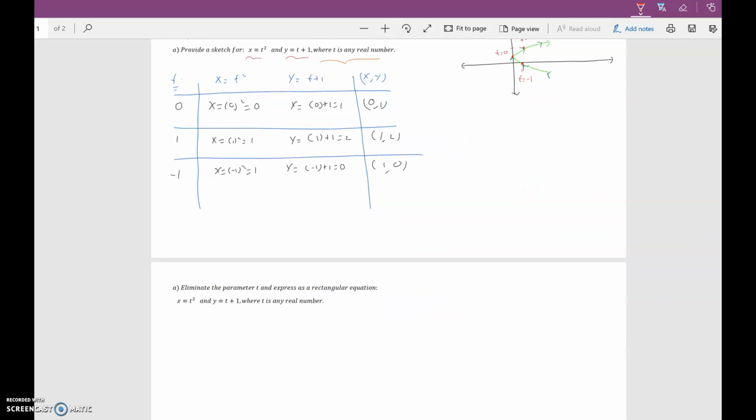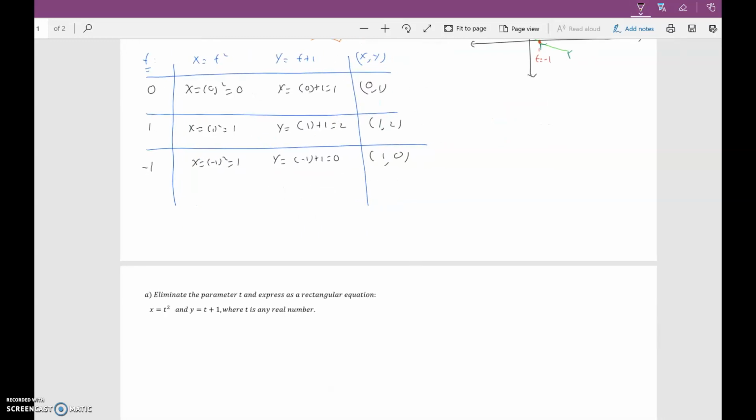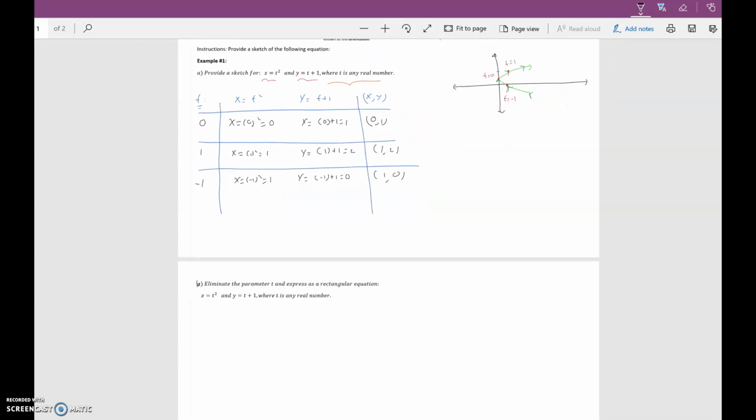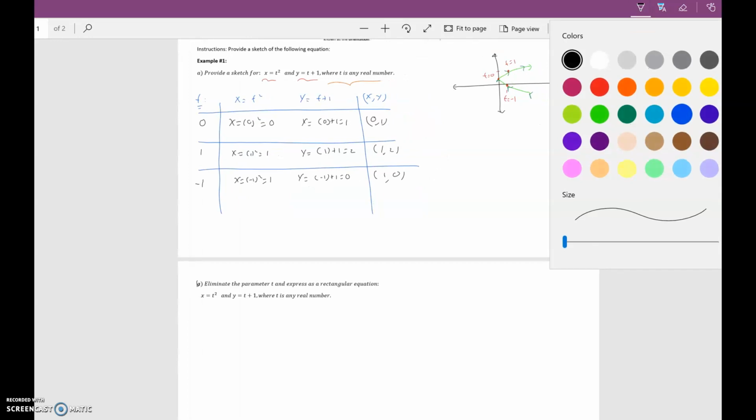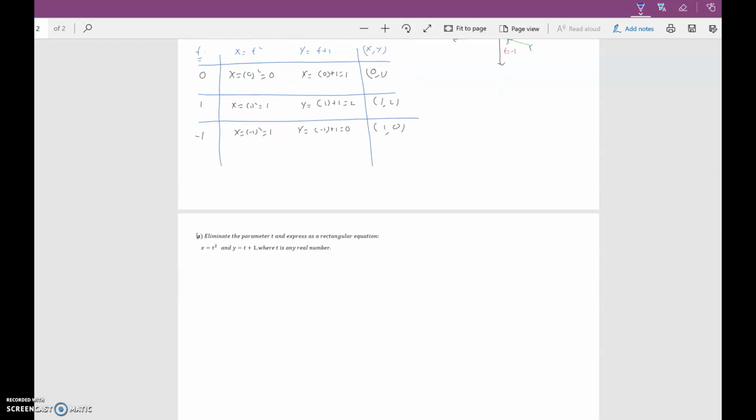Now, let's take a look at problem B. They're actually saying for us to eliminate the parameter and express it as a rectangular equation. Okay, so this is actually very simple. You basically select one of the equations and express it in terms of just x and y.